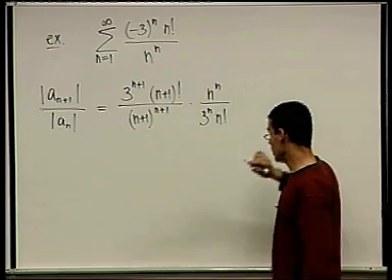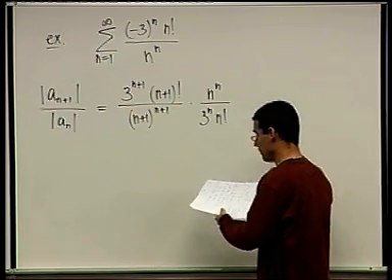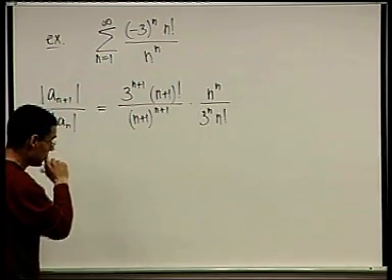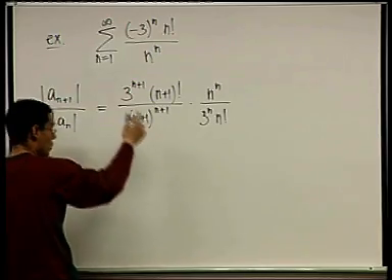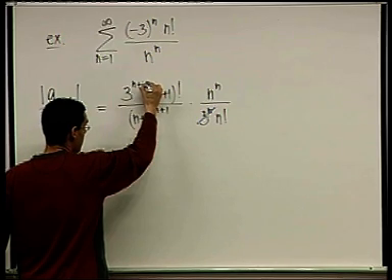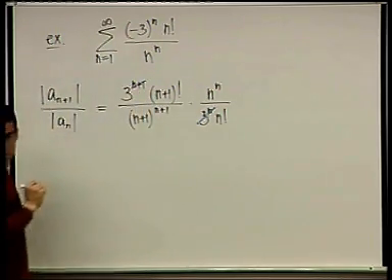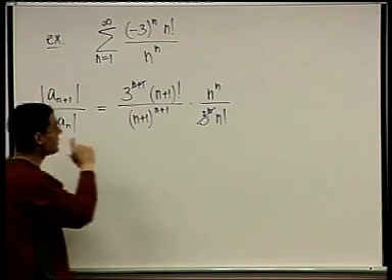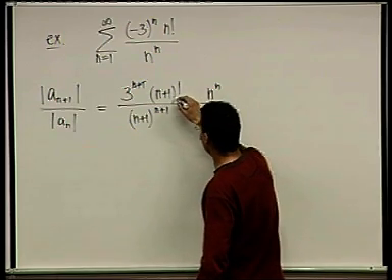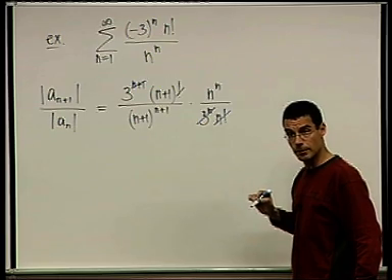Yes. Thank you. And now all the cancellations, which I'm going to do in a way that I don't want you to do, because it's only good when you see it showing up. So this 3 to the n cancels with the 3 to the n plus 1 here, leaving just a 3. Do you agree? This n factorial cancels with the n plus 1 factorial, leaving just an n plus 1. Do you agree?